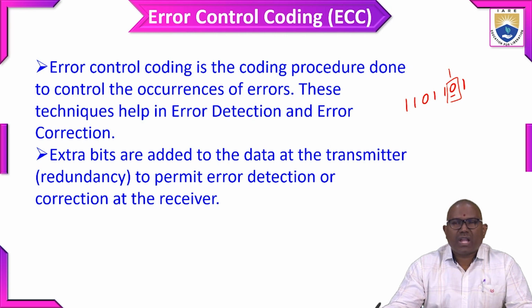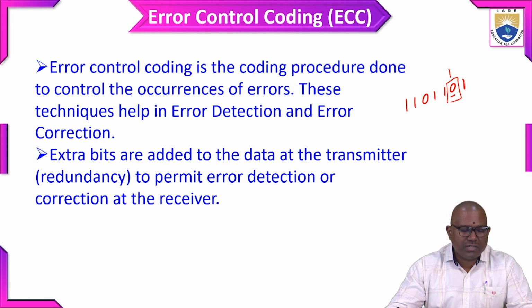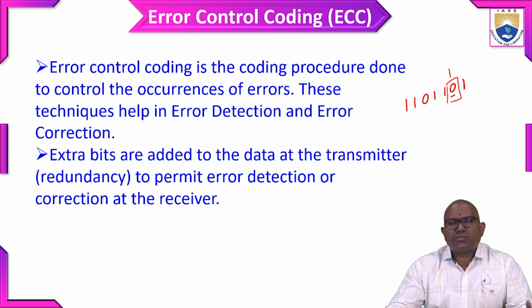So I reduce the redundancy for efficient utilization of the spectrum. But here, my aim is to control the errors by adding redundancy. Redundancy means non-essential bits. These bits are not essential, but they are helpful to find and correct the error. These extra bits are also called parity bits.